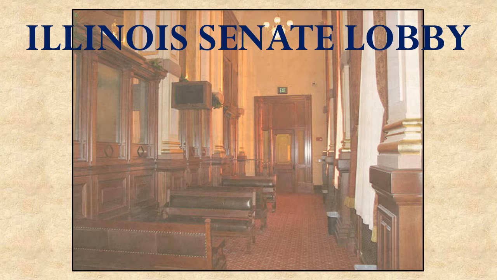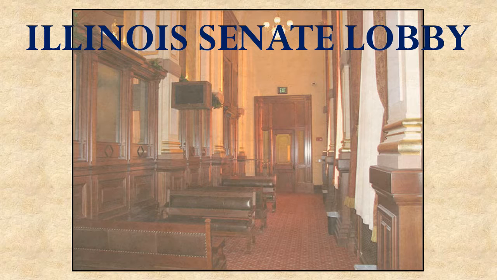Here's an example from the Illinois state government building, the capitol of Illinois, where the Senate is for the state of Illinois. And here's an actual lobby outside the Senate chamber.